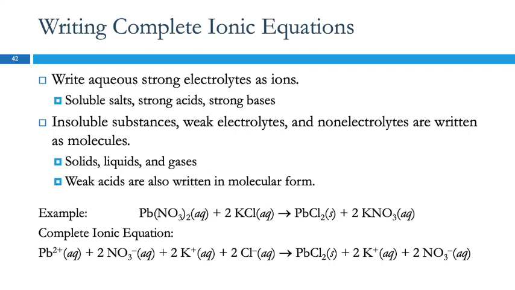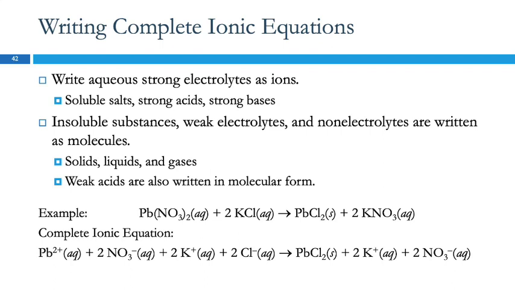So aqueous things are going to be written as ions. These are strong electrolytes. So this would be soluble salts, strong acids, and strong bases. We'll talk about that in just a minute. Anything that's insoluble, so a solid, a liquid, or a gas for the state symbol, we're going to just keep it together.